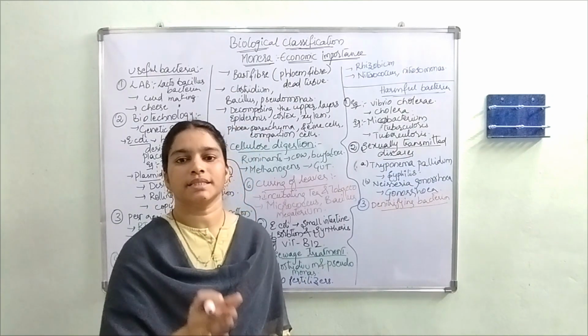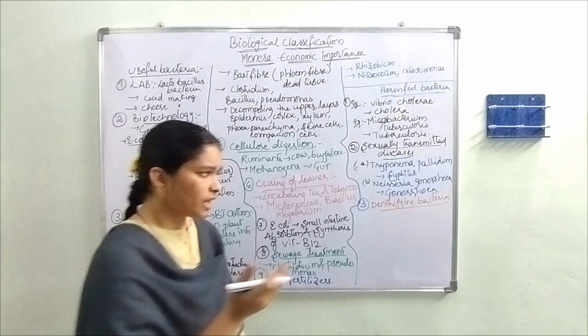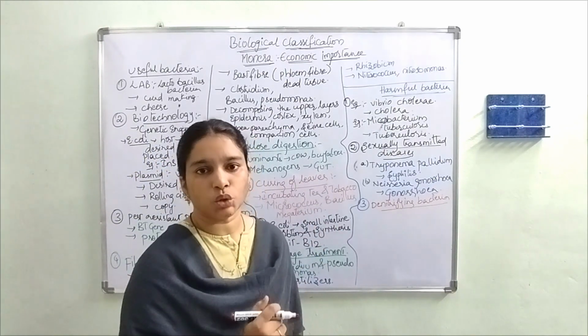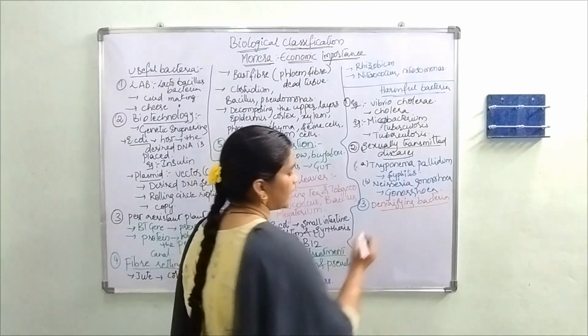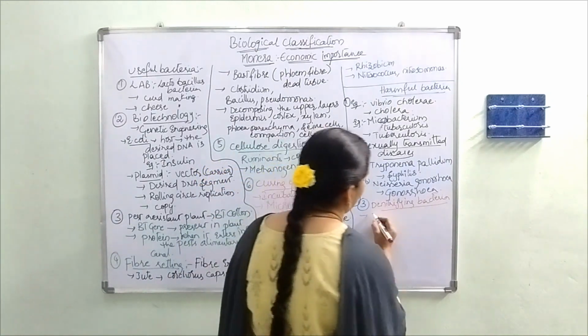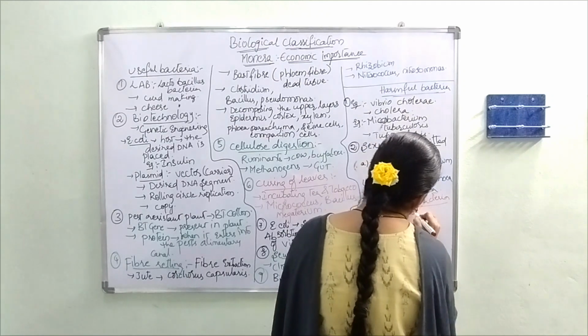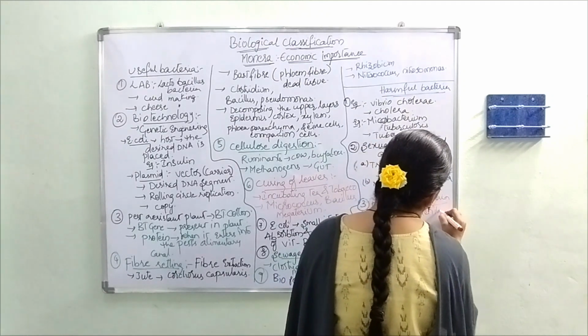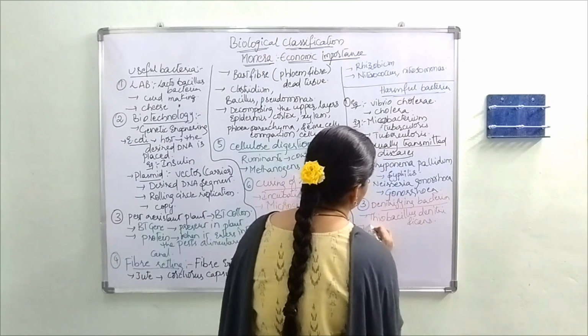These remains are reversed by these bacteria to elemental nitrogen. So these are denitrifying bacteria. Examples are Thiobacillus denitrificans and Micrococcus denitrificans.